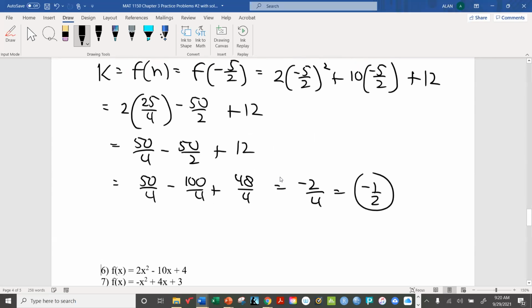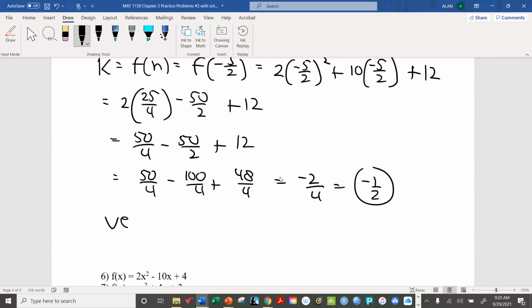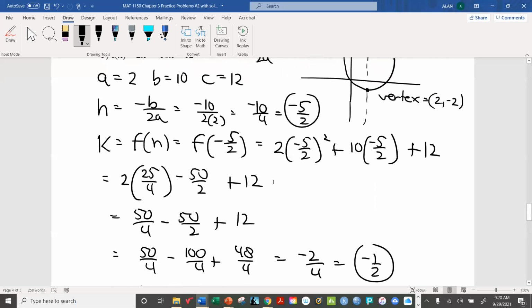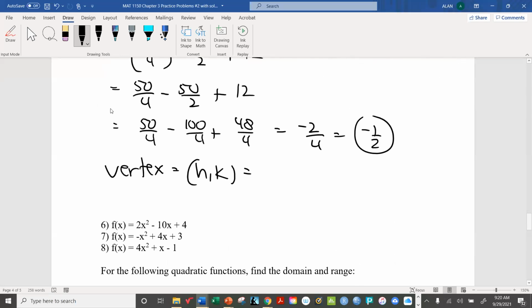Okay, so this time they really do want to know the vertex, h, k, which is -5/2, -1/2.